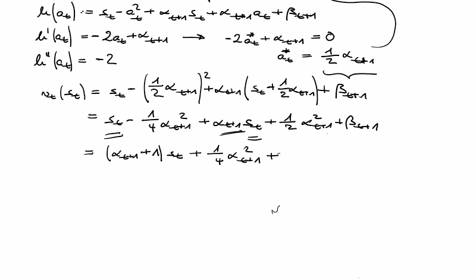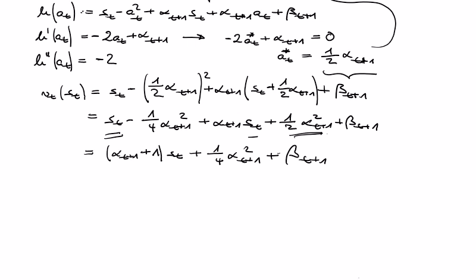Plus beta t plus 1. So this was 1/2 alpha t plus 1 squared minus 1/4 alpha t plus 1 squared, which yields 1/4 alpha t plus 1 squared plus beta t plus 1.